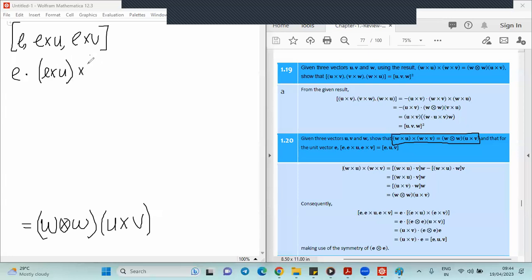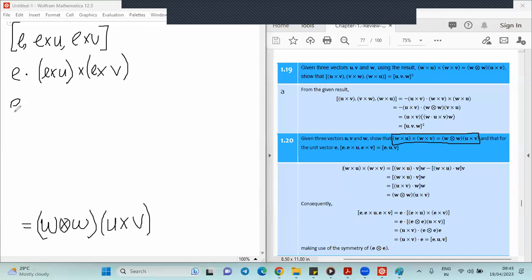cross E dot V. And like I said, when I was answering the question that came in about switching U and V, W is just a placeholder in this particular expression. So in this case, instead of W, we are going to be working with E, right?